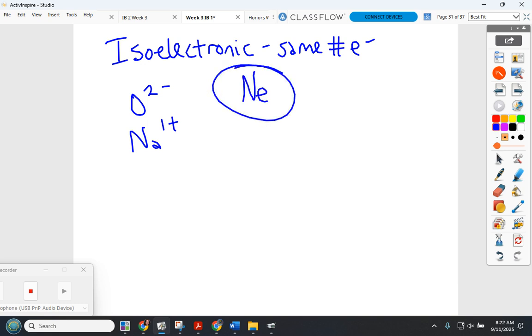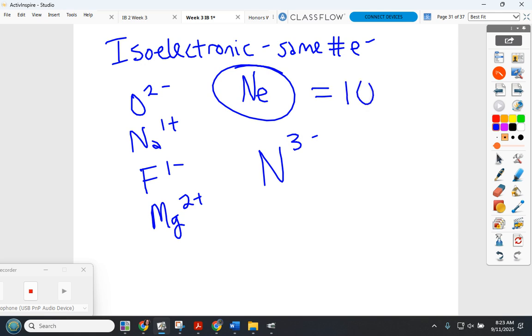That's the full octet, right? So what else is going to have 10 electrons? Fluorine? With what charge? Yep. What else? Magnesium. Yep, magnesium. What charge? 2 plus. Yeah. Nitrogen, the 3 minus. Okay? These all have 10 electrons because when they form ions, they're trying to get to that full octet state.